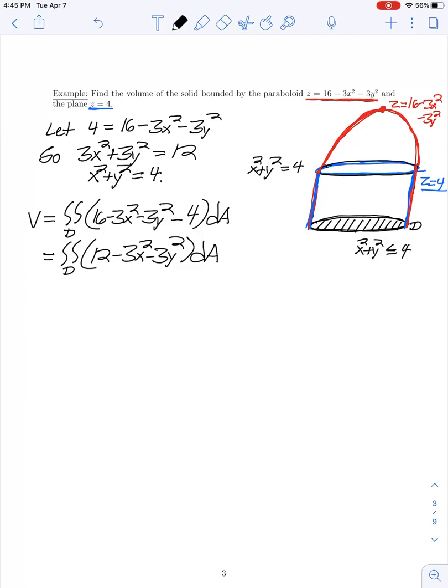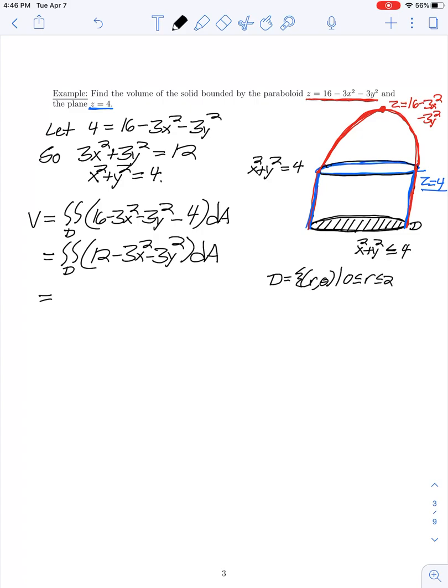So now here, to evaluate this double integral over the disk D, we need to set it up as an iterated integral, and the disk D that we're talking about here can be described in terms of polar coordinates as the set of points r theta such that r ranges from 0 to 2.